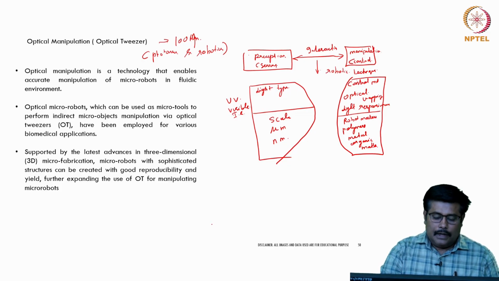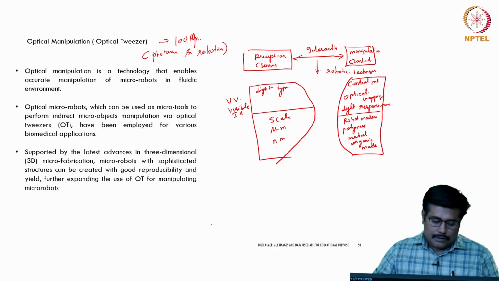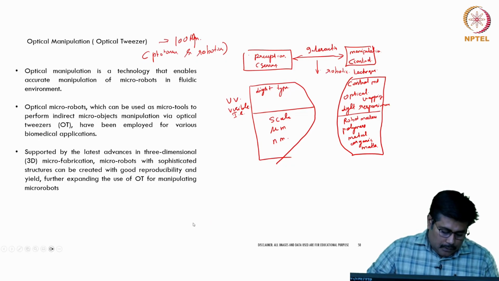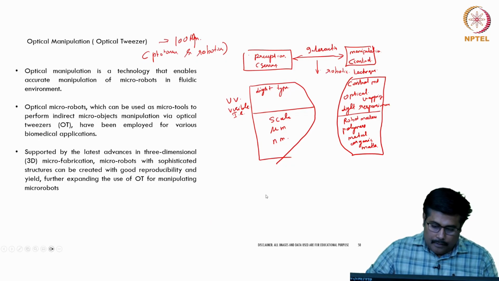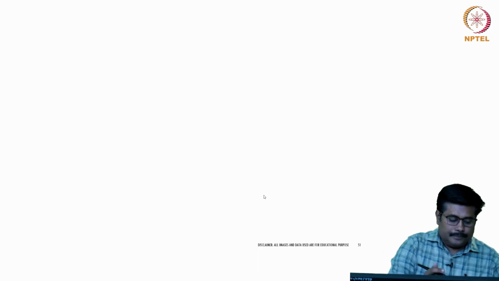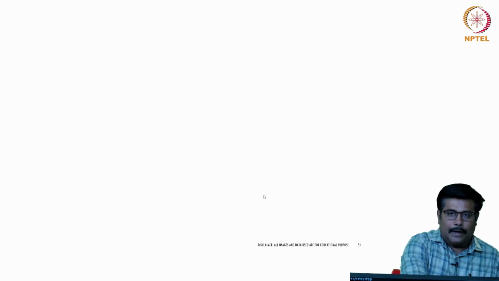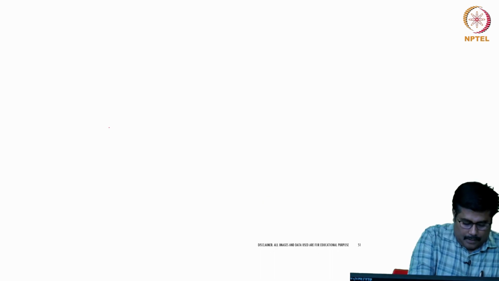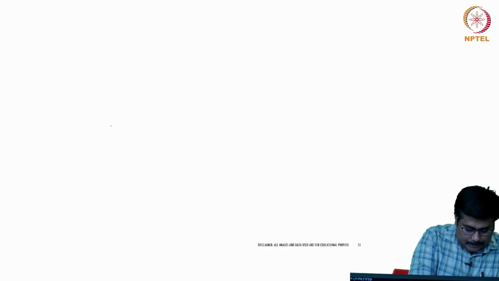Now, let us see two important modes of this optical based system, which is used for micro robot related applications. One mode involves, let us see the schematic, multiple beam splitters in place.